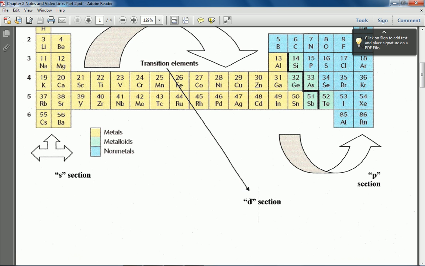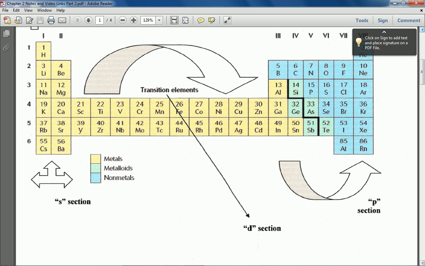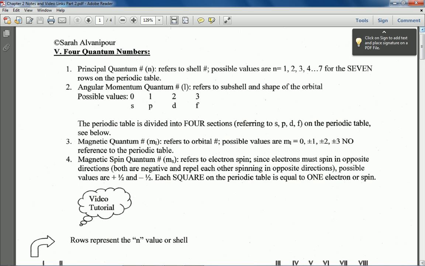You'll be given the destination, and you will be basically saying where you need to go in order to get there. Okay, I need to make sure I'm in the third row, which is an n equals 3. And of course I need to be in the P section because it's in the P section. So my L value will be equaling 1. Again, why is L equal to 1? Because we're in the P section, and technically up here, number 2, P is equal to L equals 1.